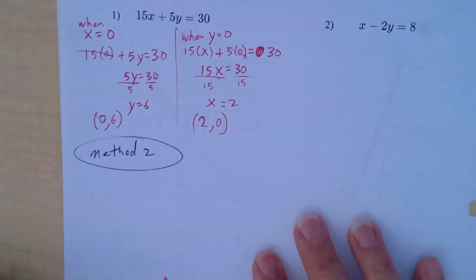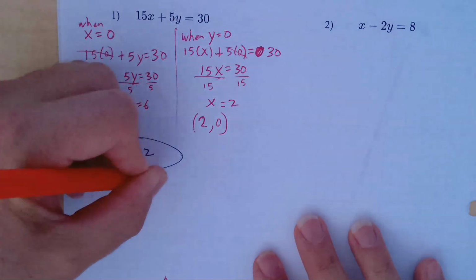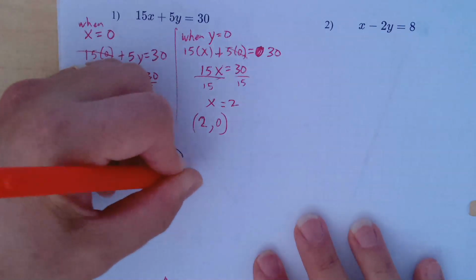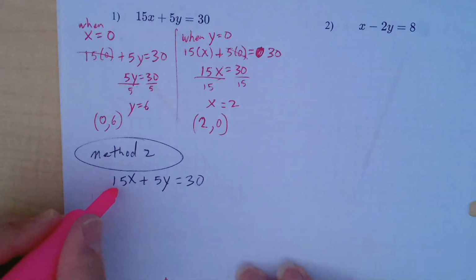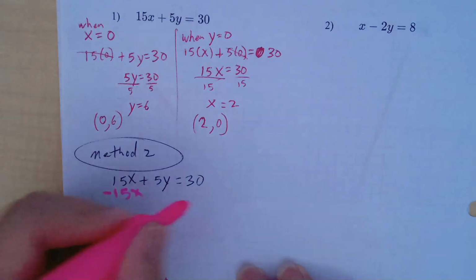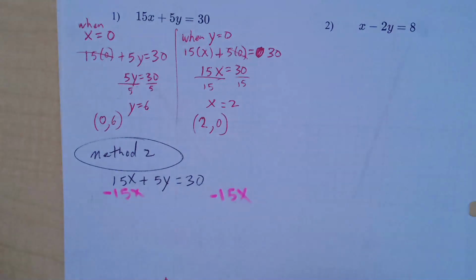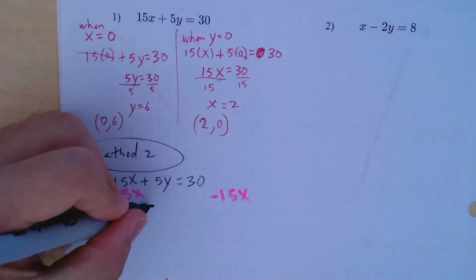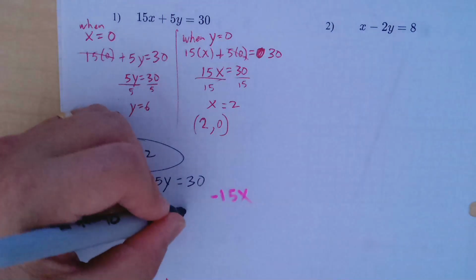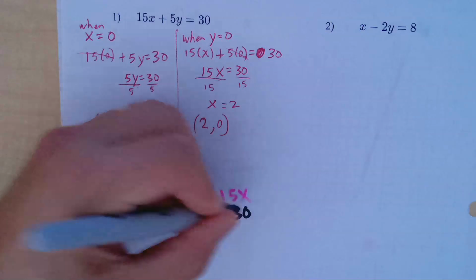then I'm going to take my equation, 15x plus 5y equals 30. So using method 2, I can subtract 15x on both sides of the equation. And then after I do that, I'm going to end up with 5y equals negative 15x plus 30.